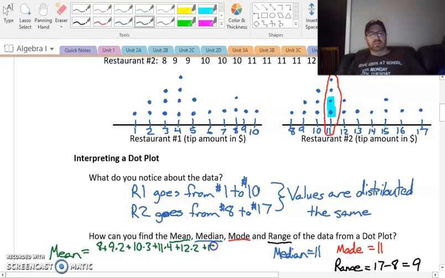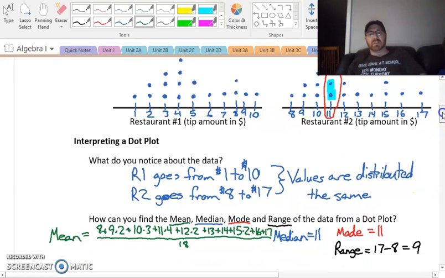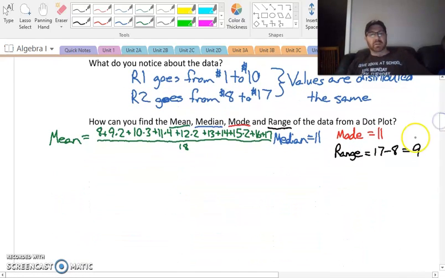There was a 13, a 14. There were 2 15s, so it's plus 15 times 2, plus a 16, and plus 17. Okay, just made it. Now, all of that is getting divided by 18, because that's how many customers we had. All right, so I'm going to scroll down, give ourselves a little more room to work. So now I need to do all the multiplication.